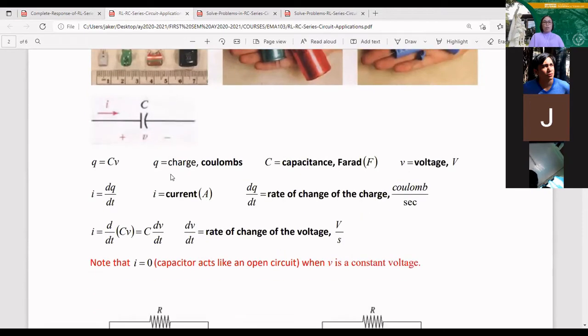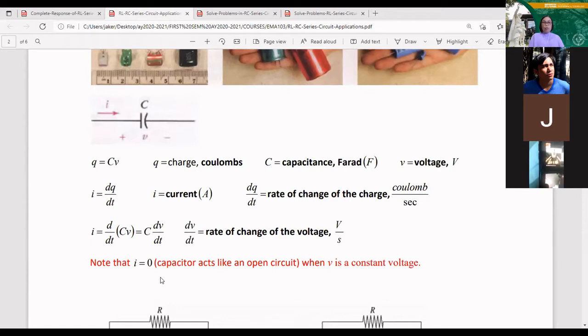In the capacitor, it is the current itself which has a part of it represented by a derivative. So the current is your capacitance in farad multiplied by the rate of change of the voltage with respect to time. Okay, so when we set up our model, it will be presented to you in a little while. It is now the current which will have the presence of the derivative.